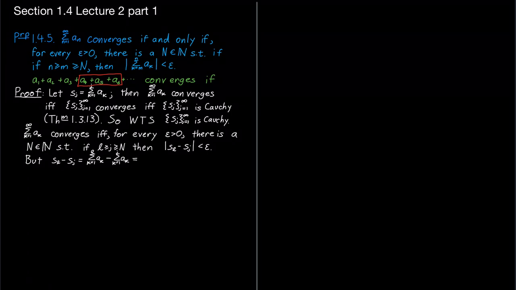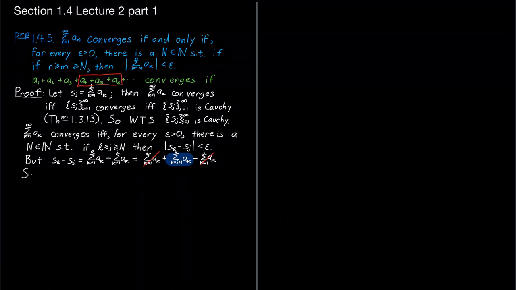Since L is bigger than J, we can go from k equals 1 up to J of a_k, and then we can go from k equals J plus 1 to L of a_k. Then we subtract off S_J, the sum from 1 to J of a_k, and then of course these two terms are going to cancel out, and we are left just with this term in the middle.